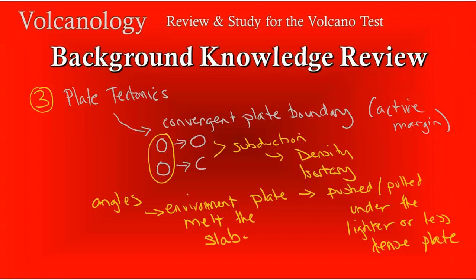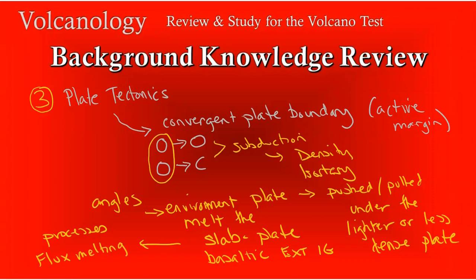The slab, which is the plate that's subducting, that's oceanic, that's mostly basaltic, extrusive igneous rock, is going to melt. Now, this is done through various processes, but mainly through what's called flux melting, which is the addition of volatiles. So you add basically water and other dissolved gases and hydrous minerals, and you're going to lower the melting point of the rock, mostly in the continental or oceanic, the rock that's floating above.